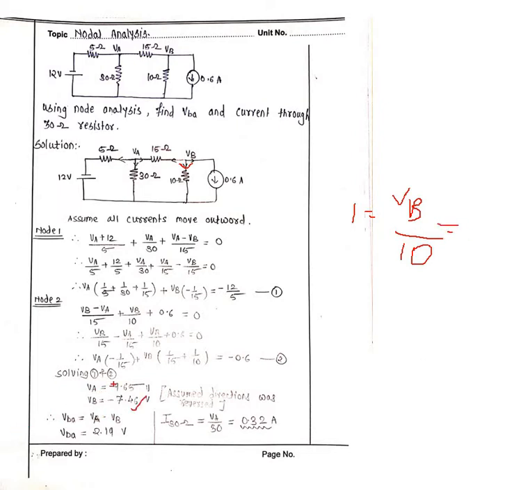The minus only denotes that my assumed direction is reversed. So 7.46 divided by 10. What is the answer? 0.7. So this is the current flow in the 10 ohm resistance.